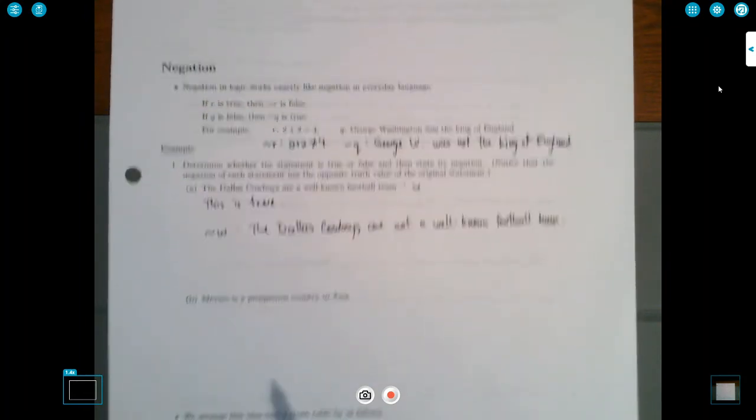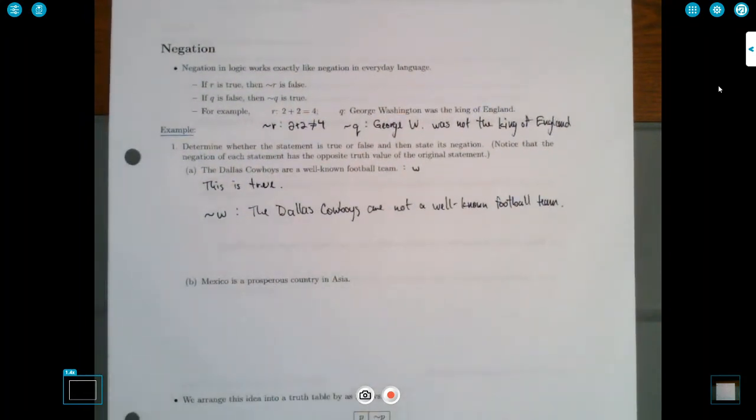All right. Part B. Mexico is a prosperous country in Asia. Okay. Well, that's a false statement, right? Because Mexico is not in Asia. Mexico is in North America, right? It's right on our southern border. So no, that's not a true statement. That's very badly false, right?